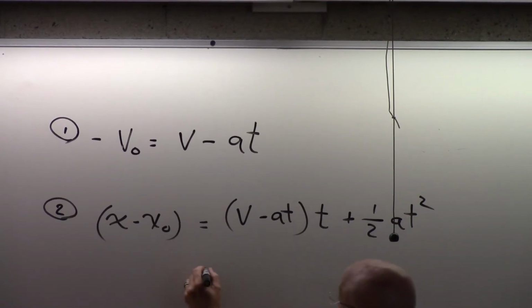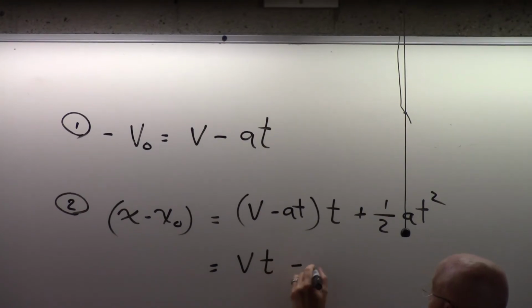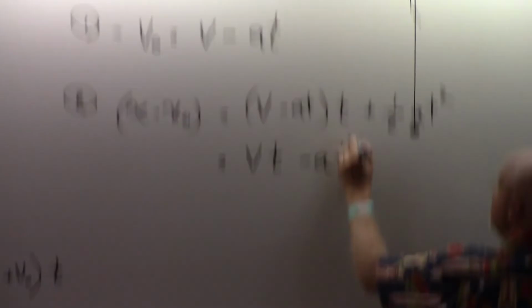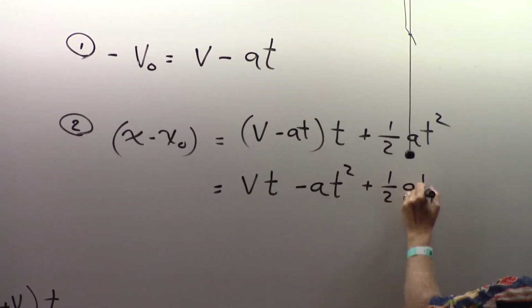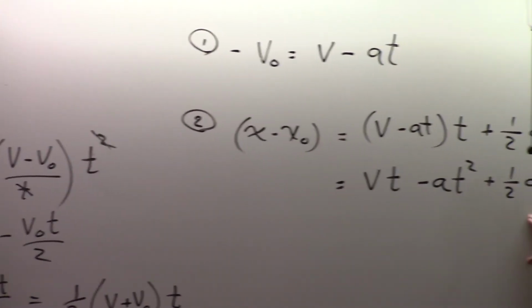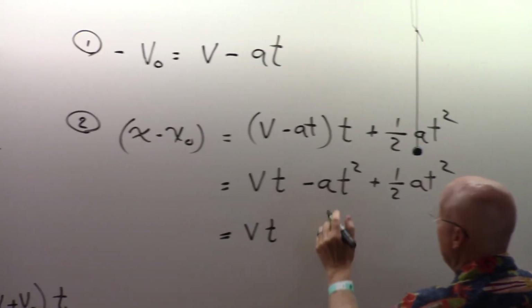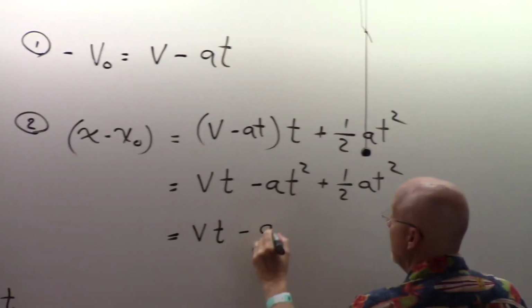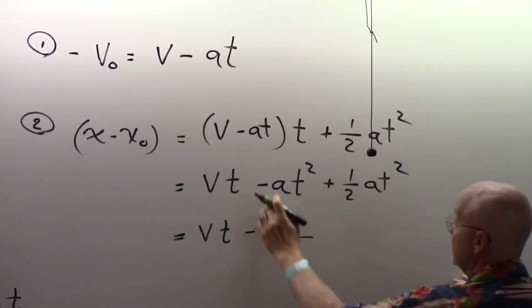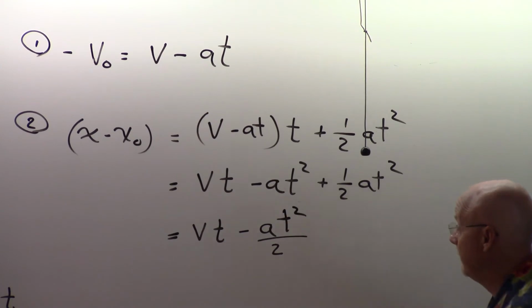And so if I work this out, this first one is vt. This next one is minus at squared. This next one is 1/2 at squared. And notice how the second and the third one are like terms. So this is going to be final speed multiplied by t. This is then a negative 1/2, because this is a negative 1 and a plus 1/2 t squared.